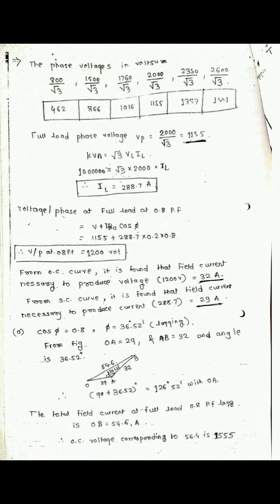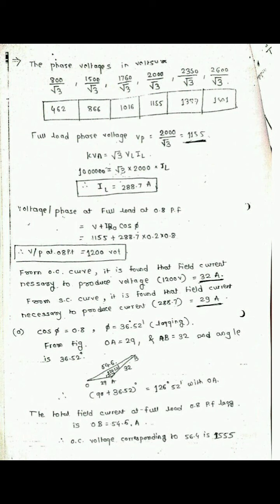From IF1 and IF2 we can proceed, depending on whether it is a leading or lagging power factor. For the first case it is lagging power factor, so it will be addition. The total angle is 126.52. While considering this angle we can calculate the value of IF, where IF is the ampere turn considering the demagnetizing effect.